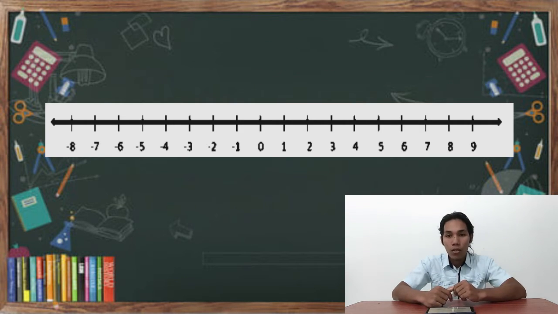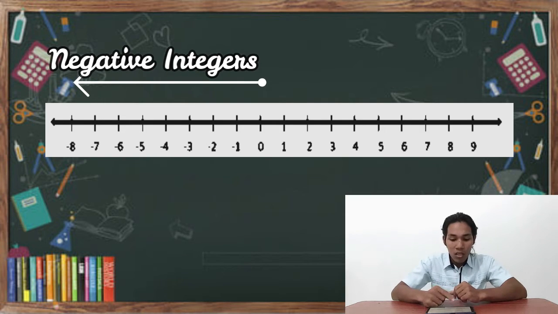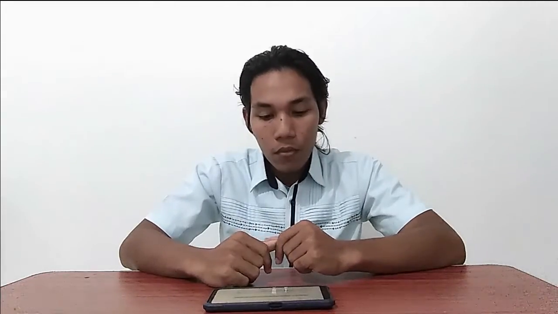Then the numbers less than 0 are called the negative integers. They start from negative 1, negative 2, negative 3, negative 4, and so on. So, that is the integer.